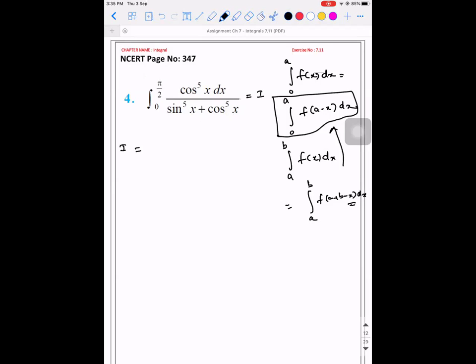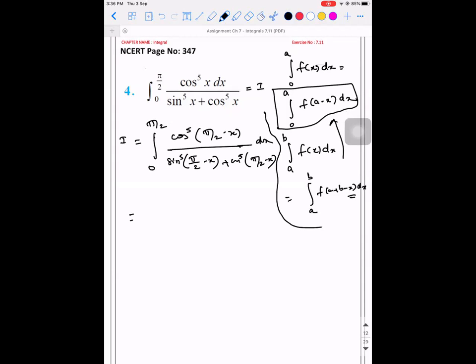The second part is I is equal to, it is of the form integral of 0 to a f of a minus x. So it will be integral of 0 to pi by 2 cos power 5 into pi by 2 minus x divided by sine power 5 into pi by 2 minus x plus cos power 5 into pi by 2 minus x dx. Is it clear?